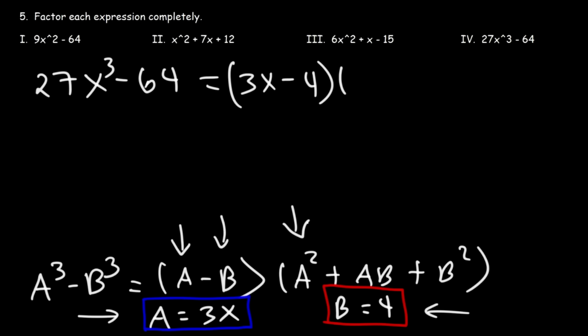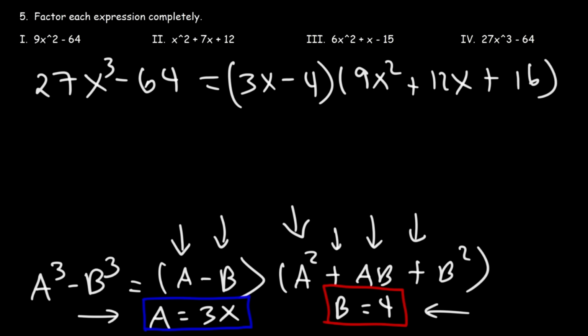A squared, that's A times A, so 3x times 3x is 9x squared. AB, that's 3x times 4, that's going to be 12x, and there's a plus sign between it. And then plus B squared, so 4 squared is 4 times 4, which is 16. And so this is the answer.